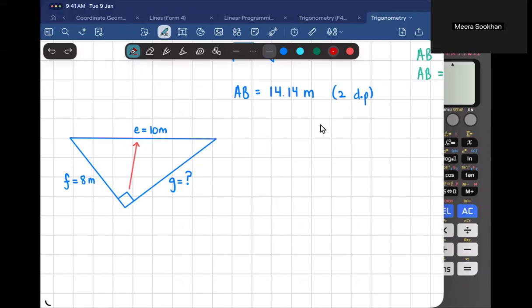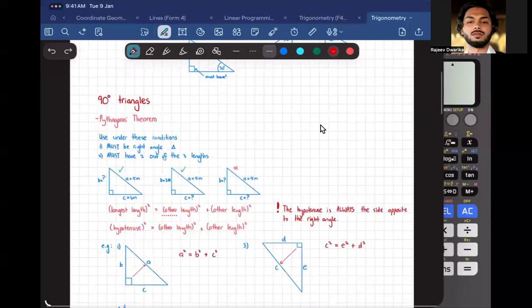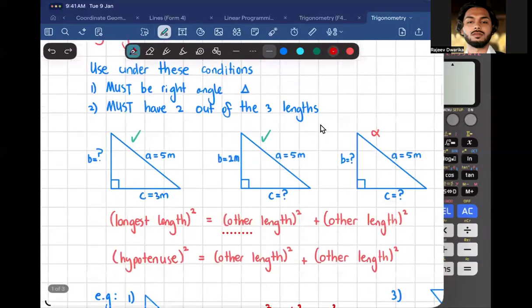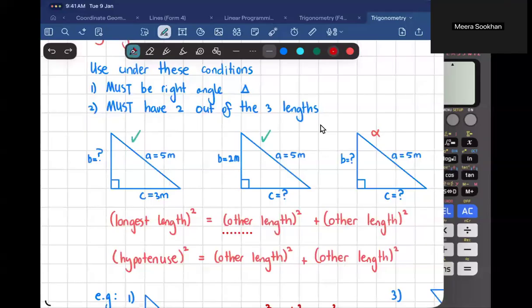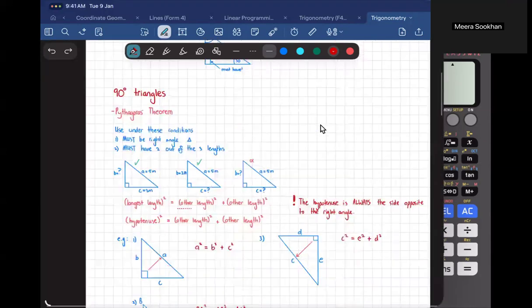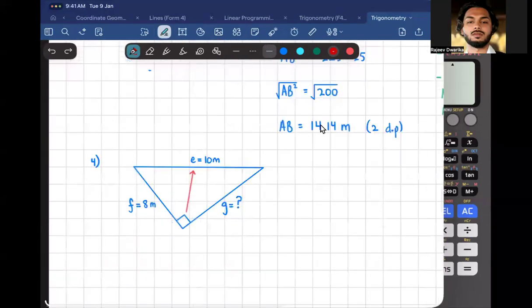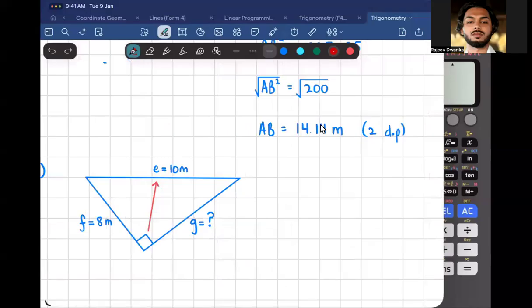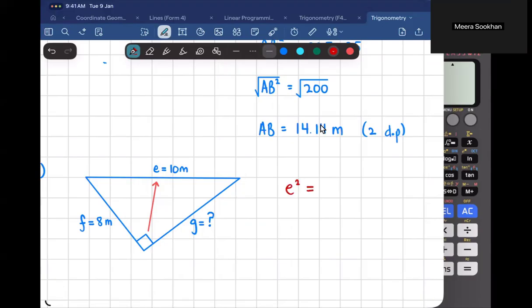What does the formula say? The hypotenuse squared equals the other side squared plus the other side squared, and it's the longest side. What's the longest side in this triangle? E. Right. So easy hypotenuse. So tell me the correct formula. E squared equals F squared plus G squared.